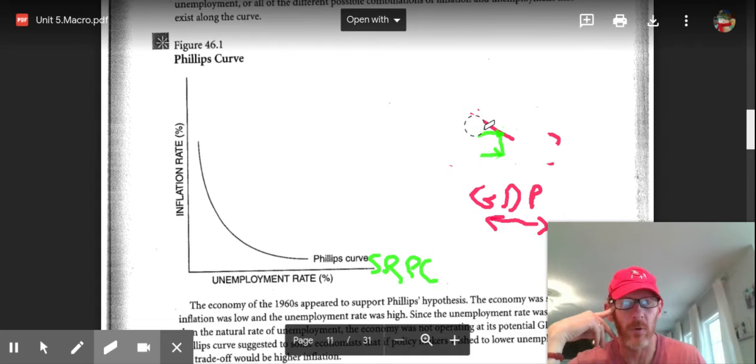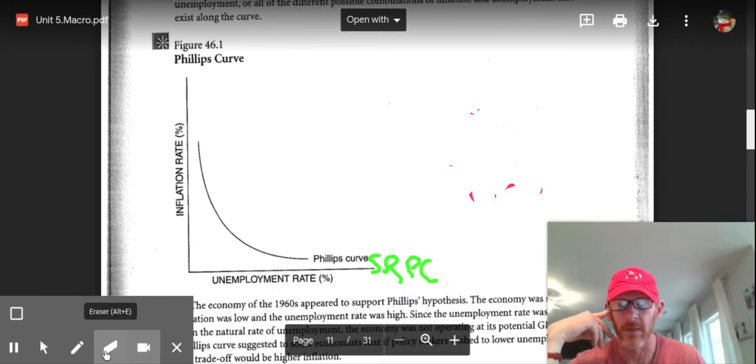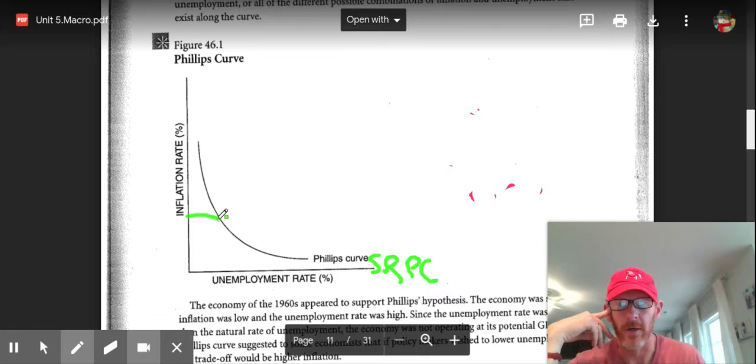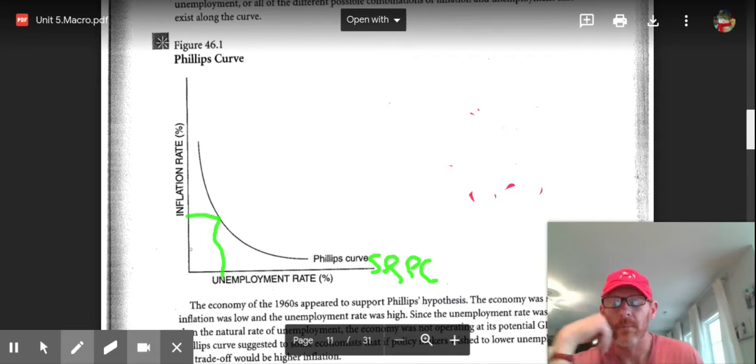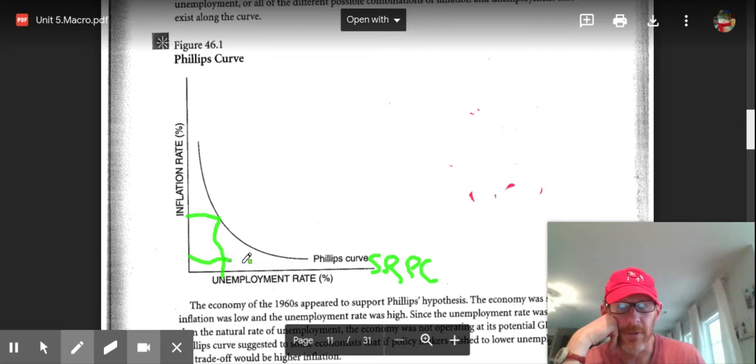If we're on a point on the short run Phillips curve, and we'll call that point A right here, you can see we're at this level of inflation, this kind of unemployment. But the unemployment goes up, so a higher rate of unemployment with a lower rate of inflation, right?